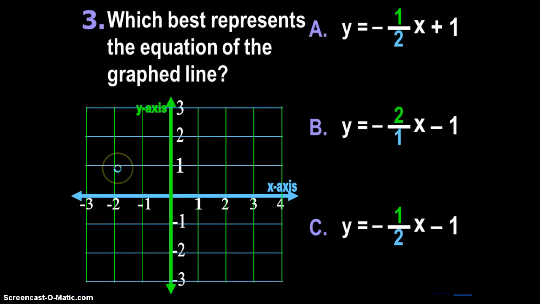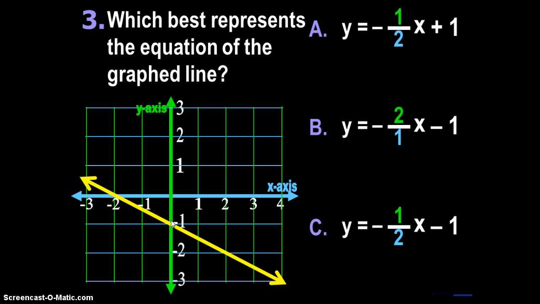Okay, so there's another one. For this one, we'll just go over it quickly. Okay, where does the graph touch the y-axis? At -1. So our b will be -1. So A is already excluded. It's either B or C. How does the graph move?